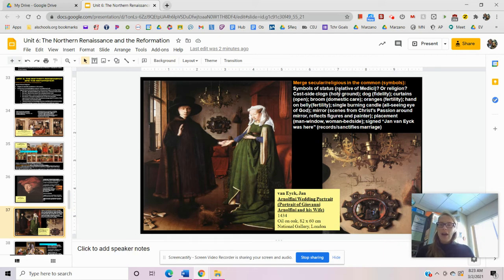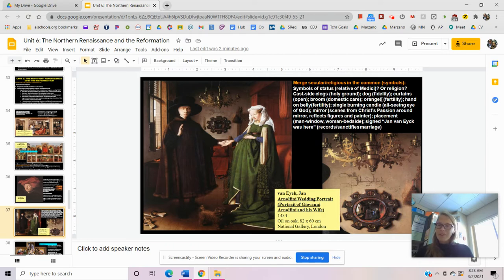Clogs off of a person's feet to indicate holy ground, you take your shoes off. A dog representing fidelity right in between the couple. Curtains are open, a broom suggesting building a home and taking care of one's home as a gift from God.